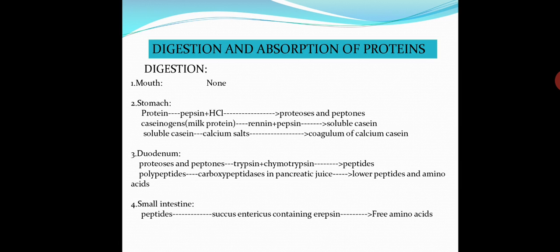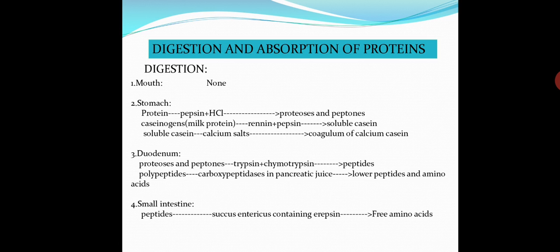The nucleoproteins are digested in presence of HCl in the stomach to other proteins and free nucleic acids, that is RNA and DNA. These RNA and DNA, in presence of ribonuclease and deoxyribonuclease from pancreatic juice in duodenum, get converted to nucleotides and nucleosides.